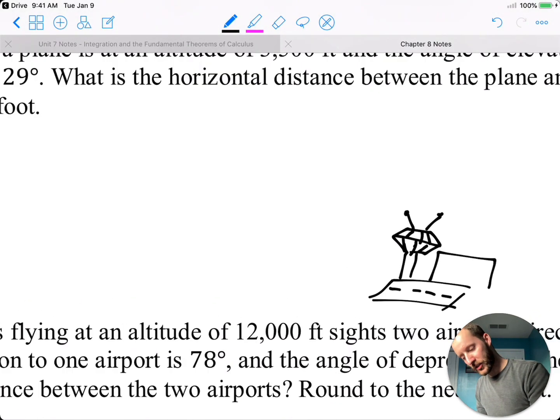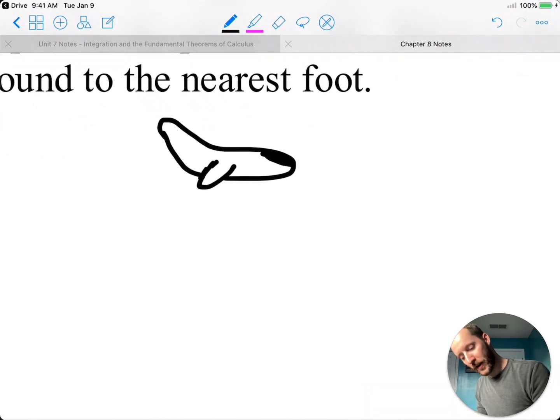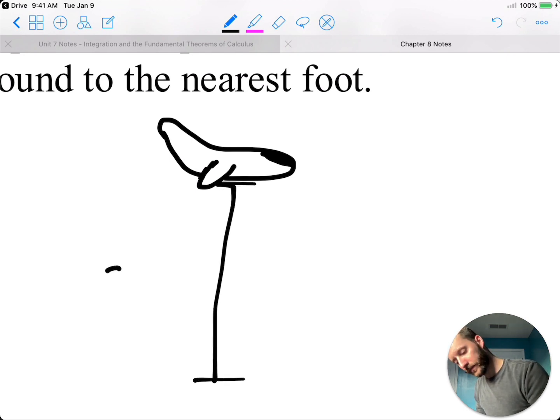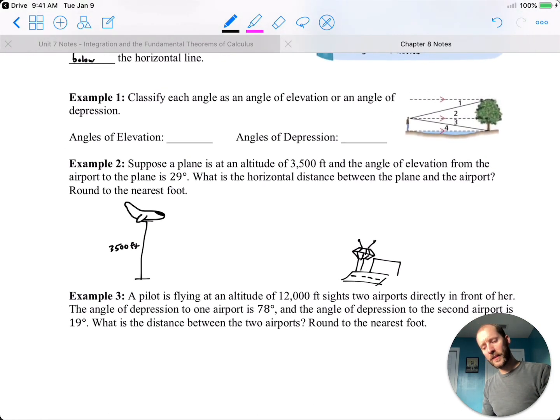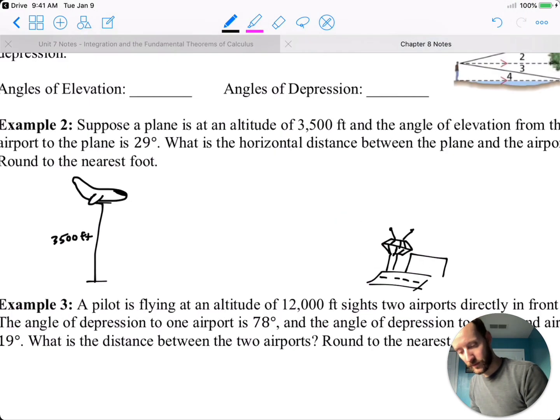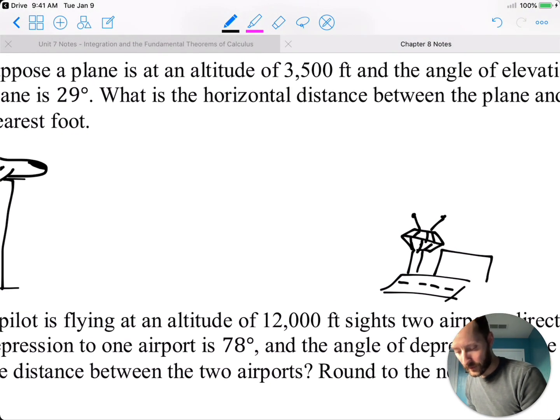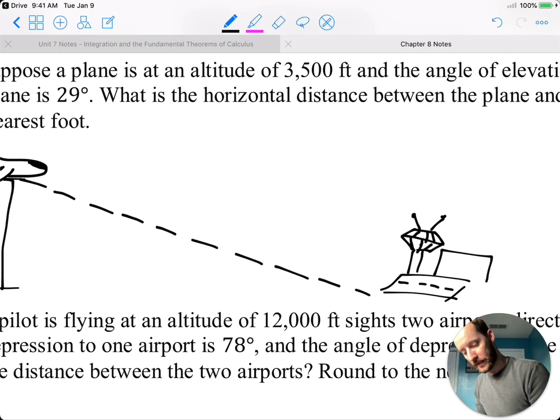Now the altitude is 3,500 feet. So 3,500 feet. The angle of elevation from the airport to the airplane, so getting that line of sight.